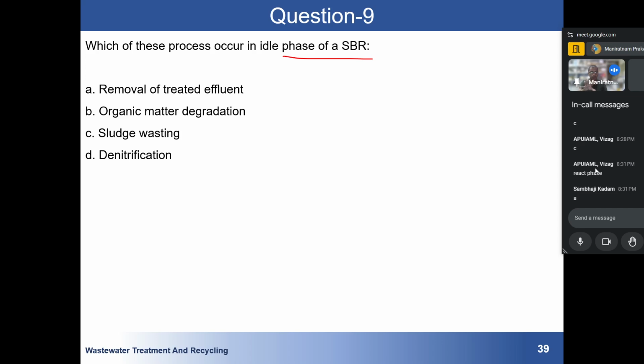If any question comes with respect to SBR, it will come by one means or another, they will just be twisting the words. So just remember the basics, remember those pictures, six phases: water is coming in, reaction is happening, then settling, then decanting, then we have the idle condition, then finally our system is ready for the next batch.